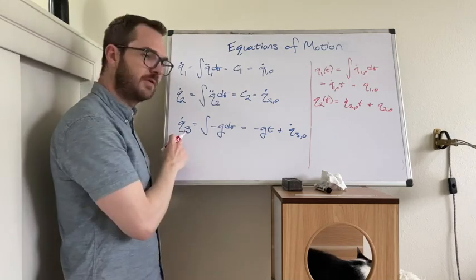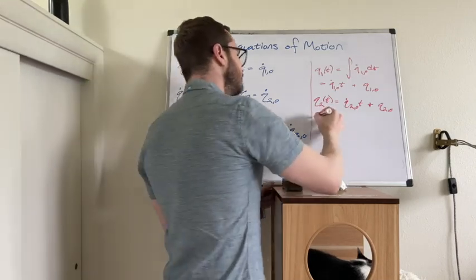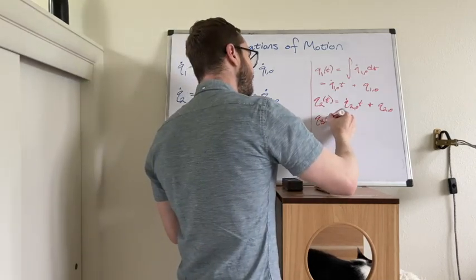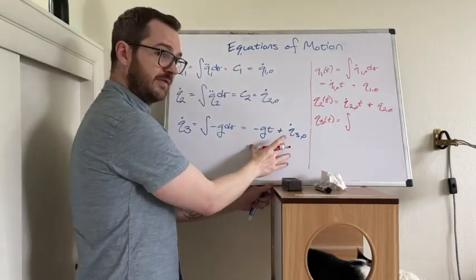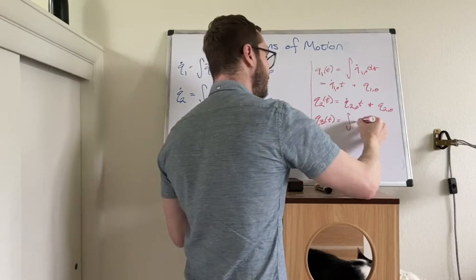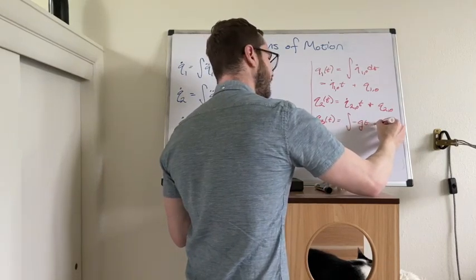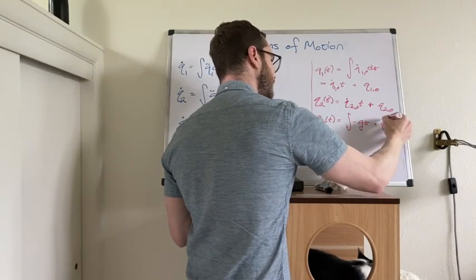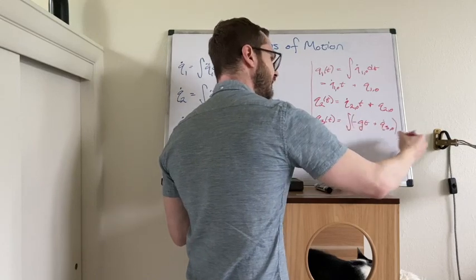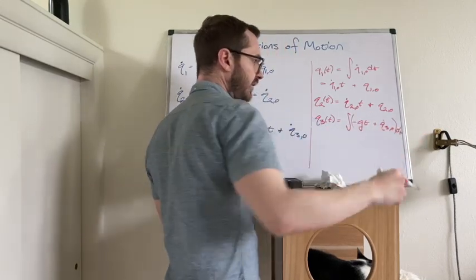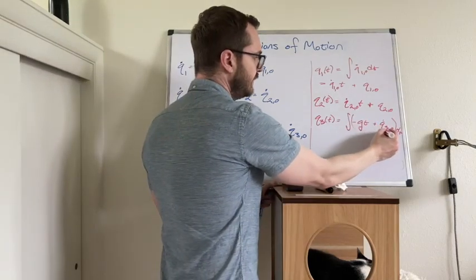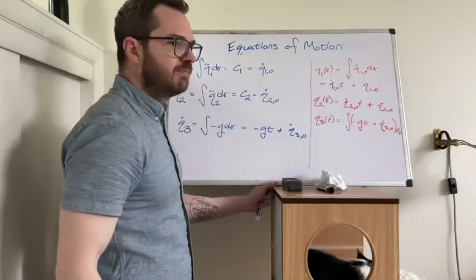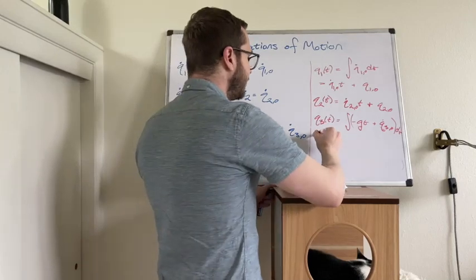What about Q3? So Q3 is a function of time. We're going to integrate this expression. So we're going to integrate minus gt plus Q3 dot sub naught, and then I'll put a little dt in the corner. Okay, that's fine. We can integrate this.